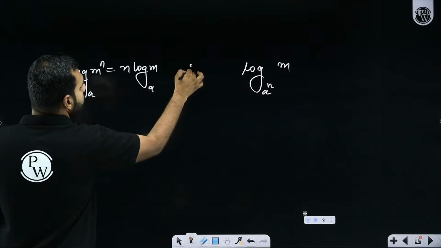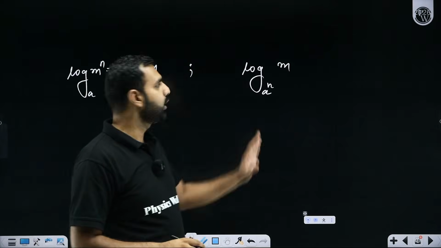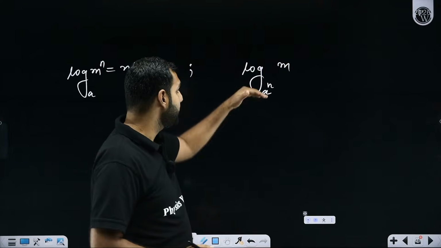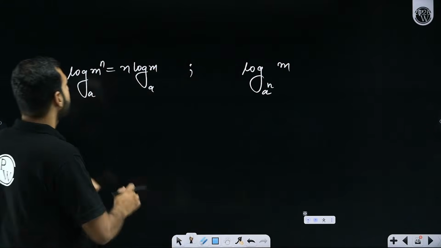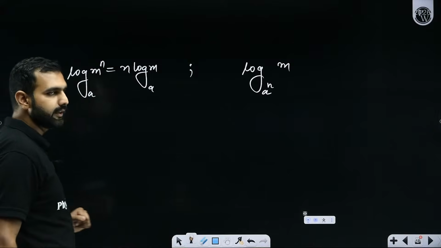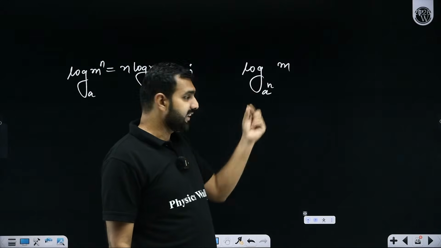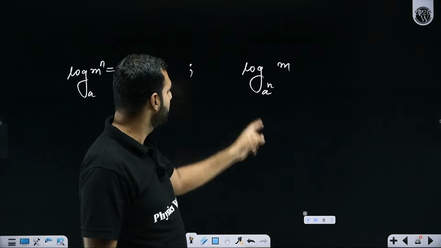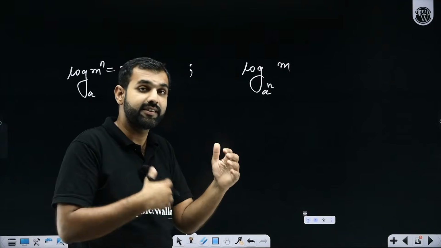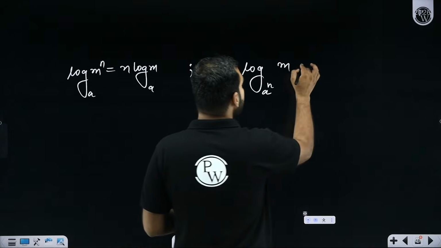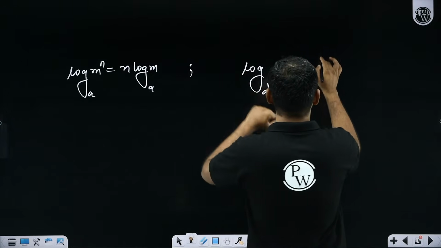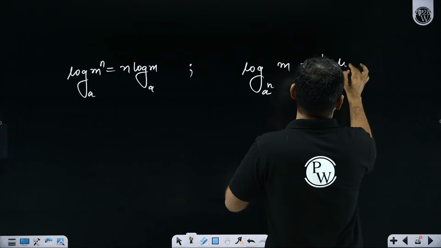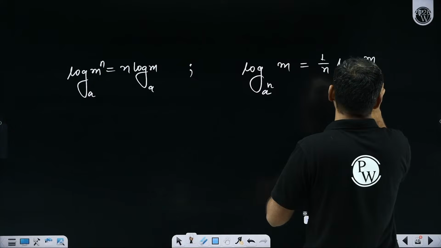So there is one more property. Let's say I'm taking log of m at base a to the power n. If the power was on m, it came to the front. If the power is raised as a power of the base, then again it will come to the front, but its reciprocal comes to the front, which means a to the power n gives me 1 by n in front, and it will be log of m at base a.